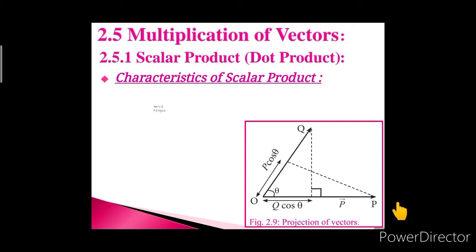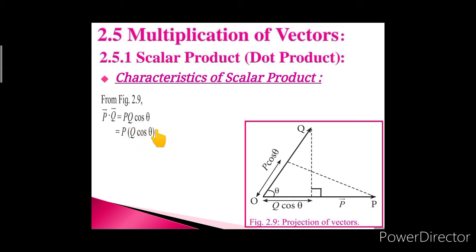As per the first characteristic of the scalar product, we write vector p dot vector q is equal to p q cos theta, and we write the same thing as the magnitude of the first vector, and in brackets, q cos theta.